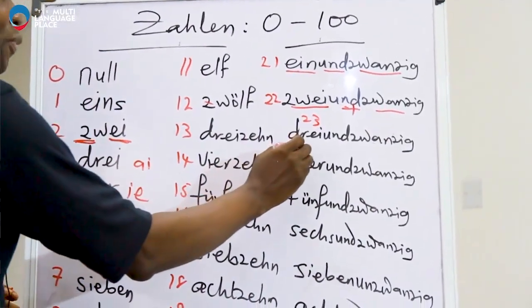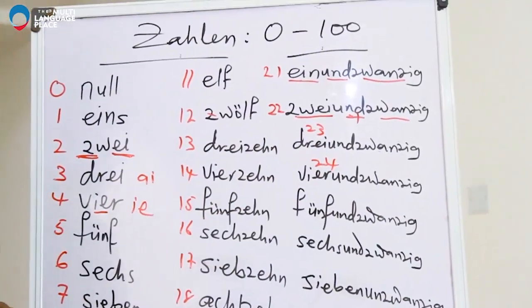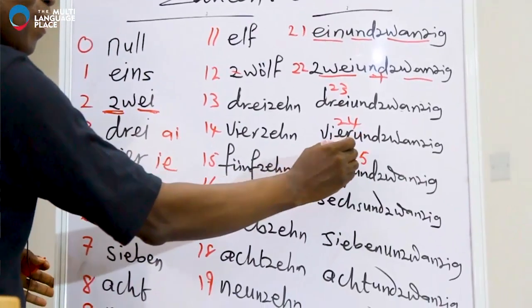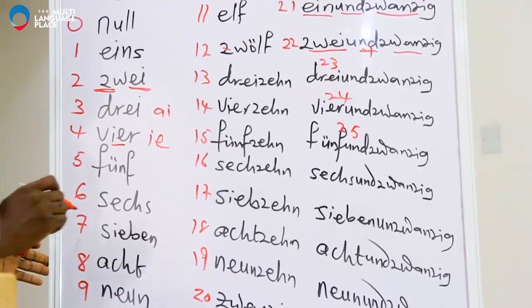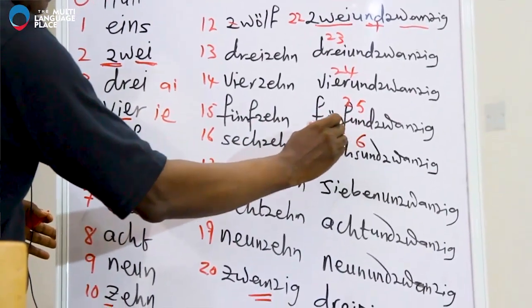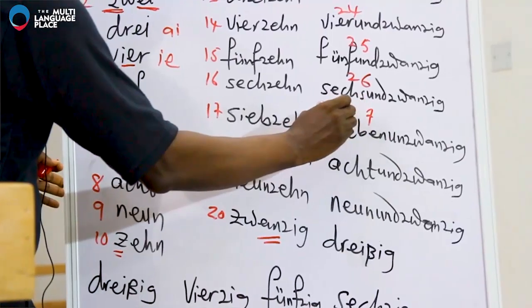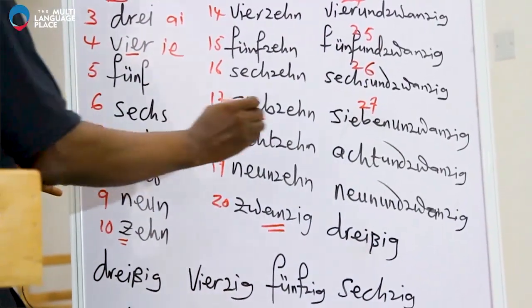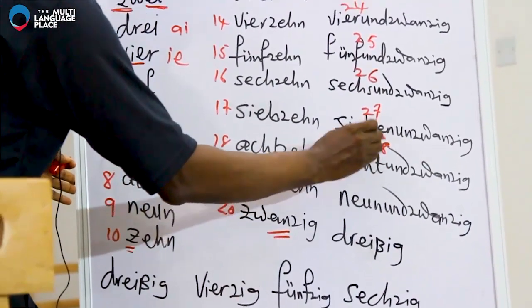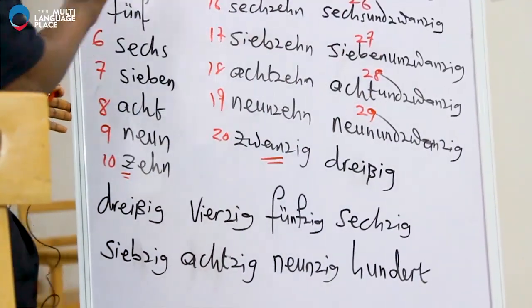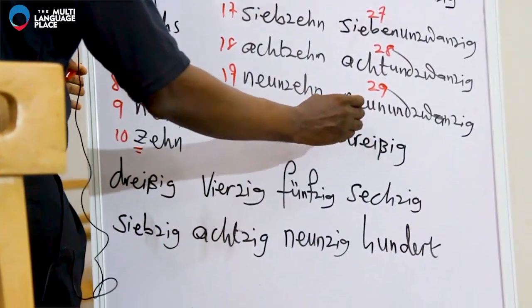On and on. 4 und 20. 5 und 20. 6 und 20. 7 und 20. 8 und 20. 9 und 20. And then this is 30.